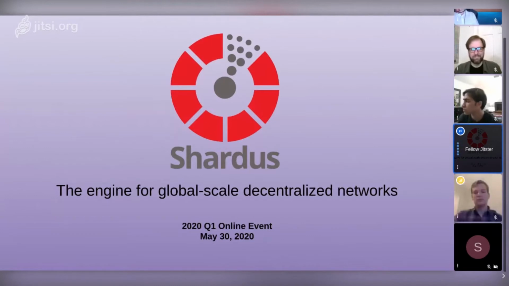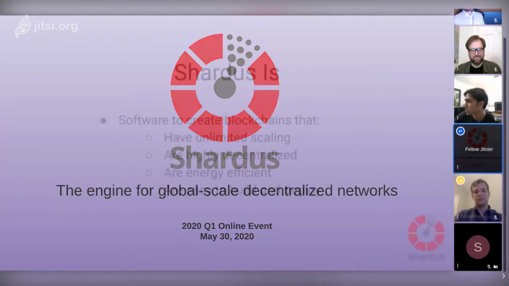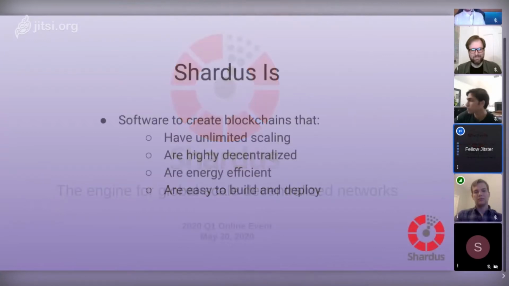So Shardus is building software for creating global scale decentralized networks. And basically what we're trying to achieve by doing this is to have virtually unlimited scaling, so that as you add more nodes to the network, the transaction throughput and the capacity of the network increases.